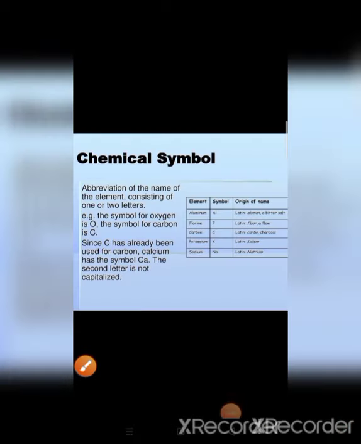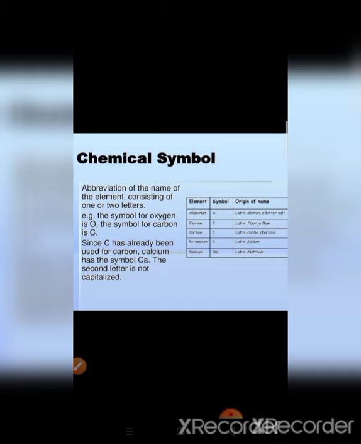Students, we are going to discuss chapter number 1, Language of Chemistry. At first we will talk about chemical symbols and valency. Chemistry has its own language such as symbol, equation, ion, valency, atom, element, molecule, reaction, and so on.